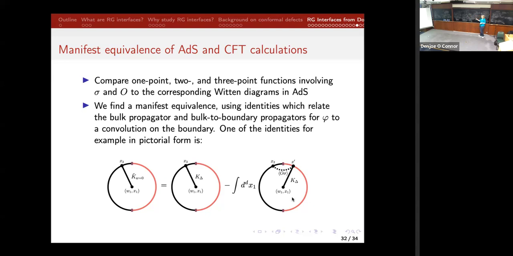We basically looked at 1-point functions, 2-point functions, and 3-point functions of O and sigma, combinations of O and sigma, and we compared them to what we should expect from the Witten diagrams. And we found that they were equivalent using identities which relate the bulk propagator and bulk to boundary propagators for the bulk phi to a convolution on the boundary, which I've tried to represent pictorially.